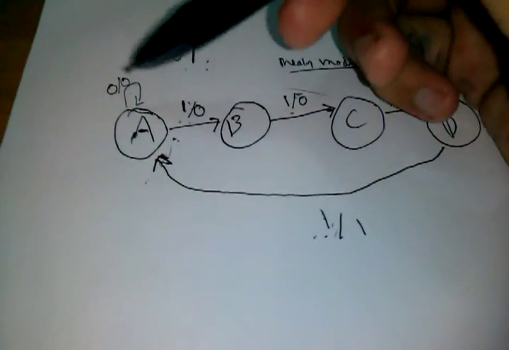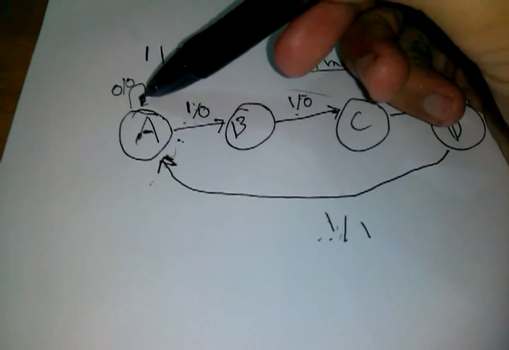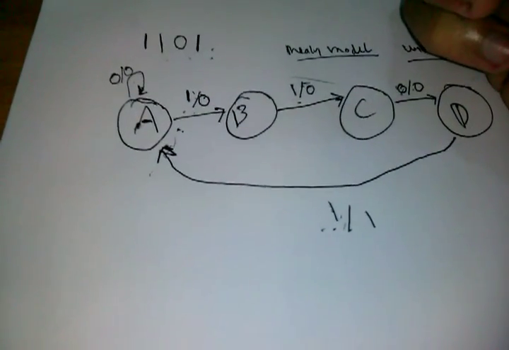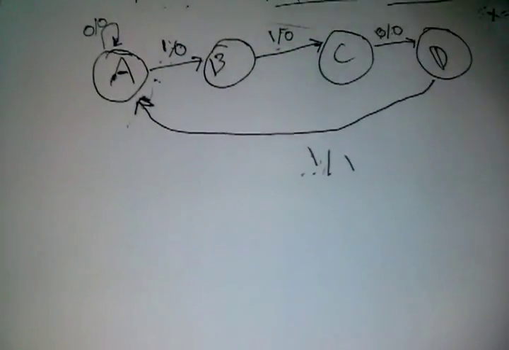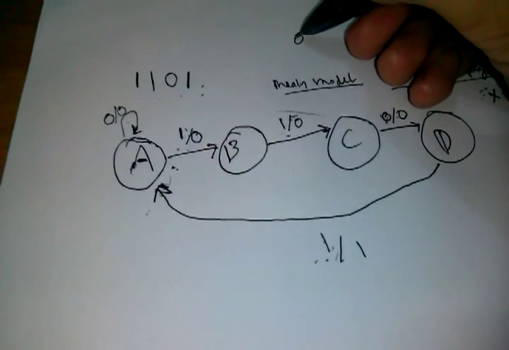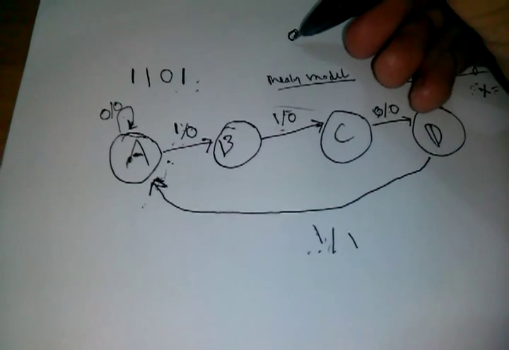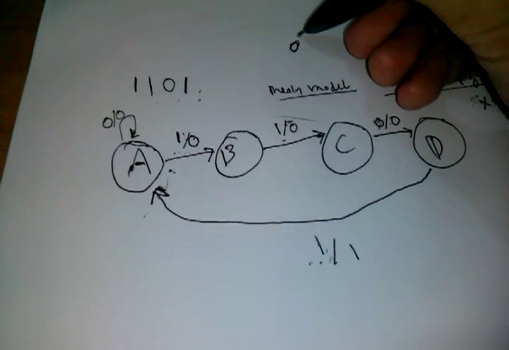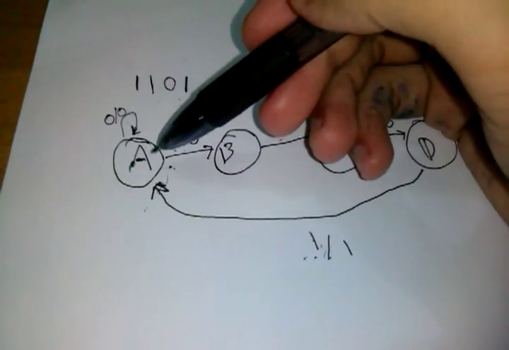Why does this loop back? Because if at A we get, for instance, 0, it doesn't mean anything, right? So just erase that one and then we make a loop here.